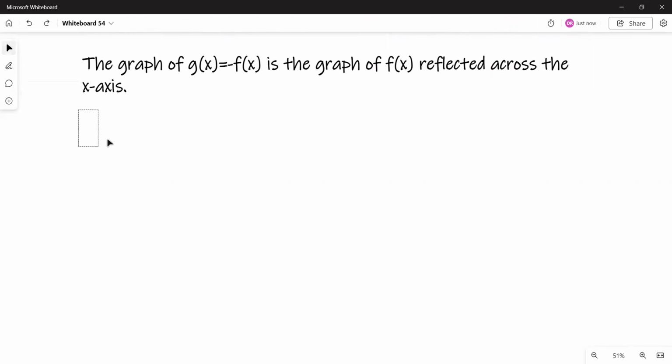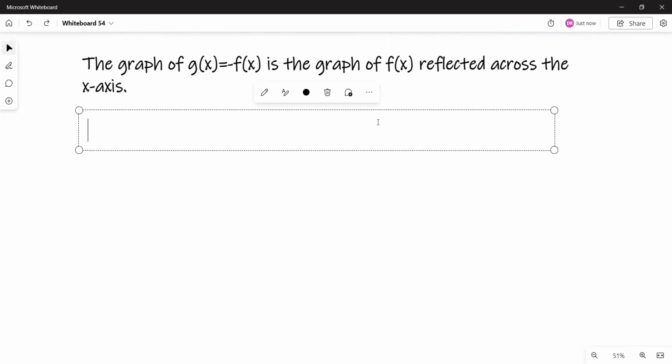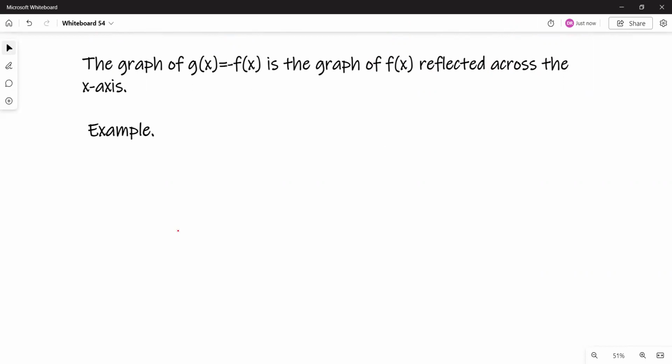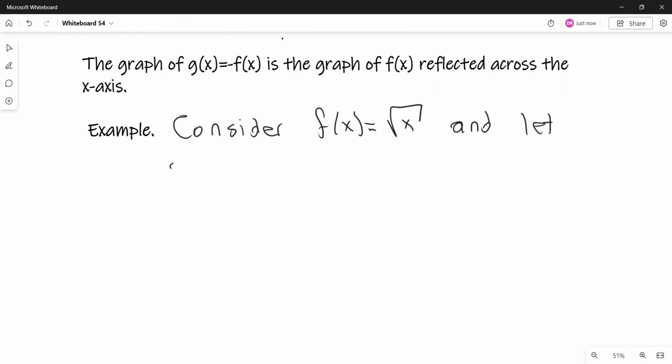And the next one, we're now going to consider again the square root function. Okay, so we'll consider the square root function and the new function g of x is going to be f of the opposite of x, or the square root of the opposite of x.